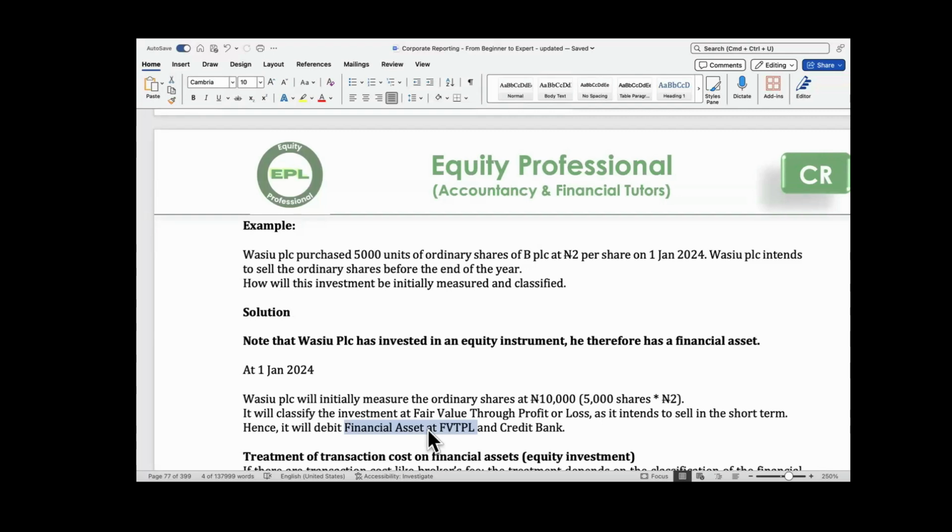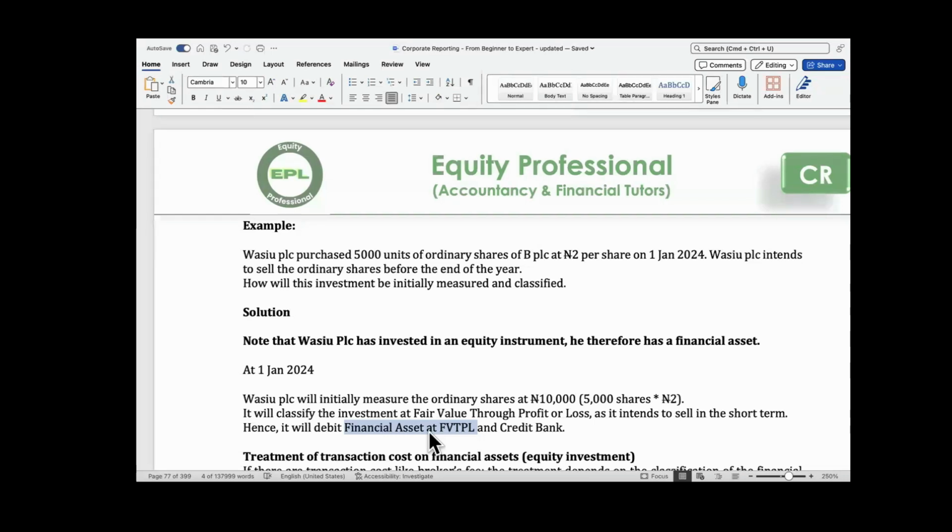Thank you. So if you worked with a company and your company bought some shares, let's say they bought some Dangote shares and you are the accountant, so they came to give you the share certificate. Whoever bought it came to give you that you should put it in the books. Maybe they spent 5 million naira buying these shares. So how will you classify it? Is it fair value through OCI or fair value through P&L?